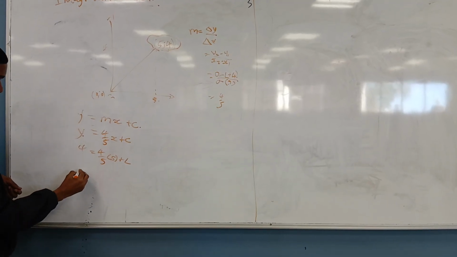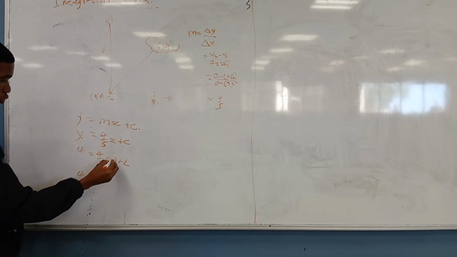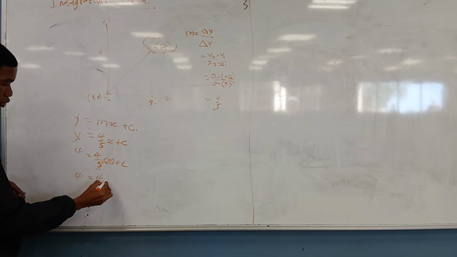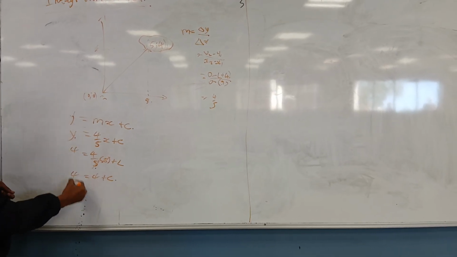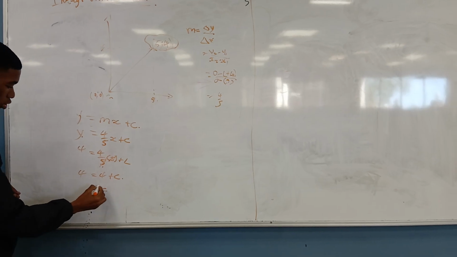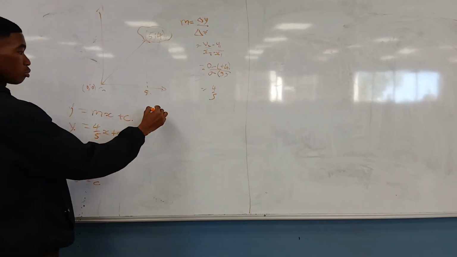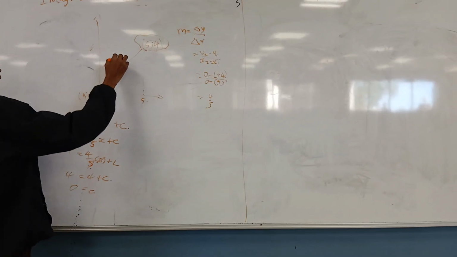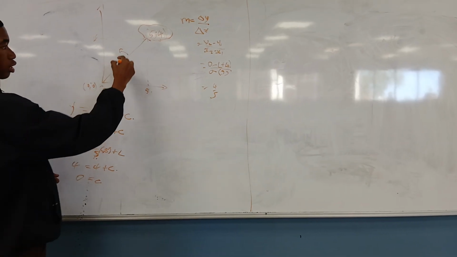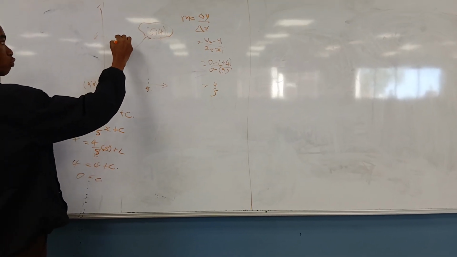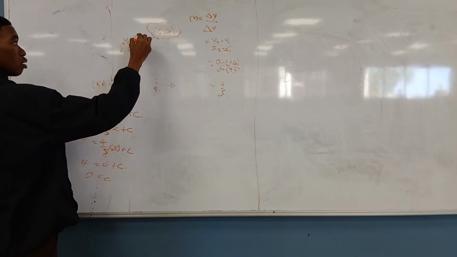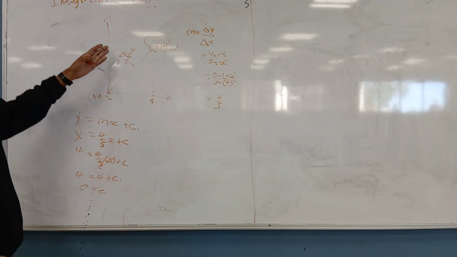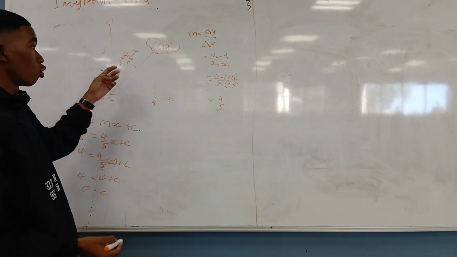Here we're going to have 4 is equal to, this will cancel this, then you'll have 4 plus c. You're taking 4 to the other side, you're going to get c to be 0. Then this simply tells us that the equation of this straight line graph is going to be y is equal to 4 all over 5 x plus 0. Or it's just y is equal to 4 all over 5 x.